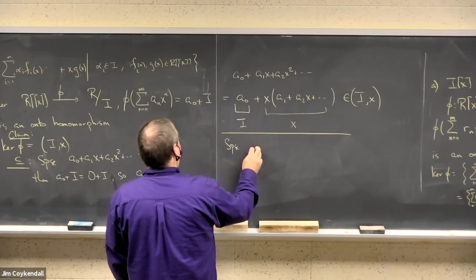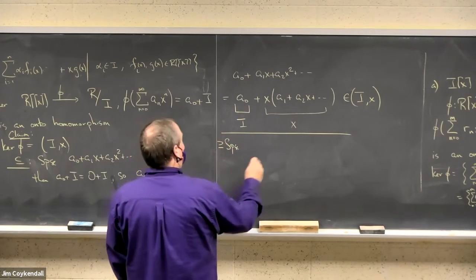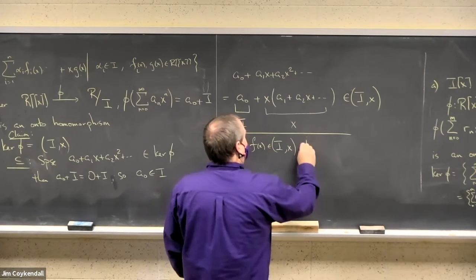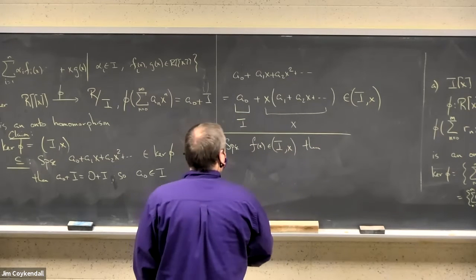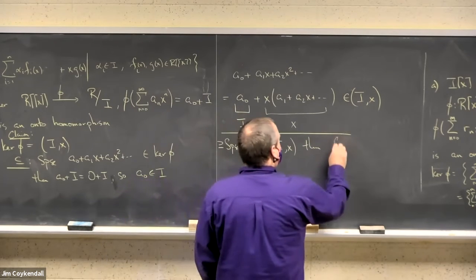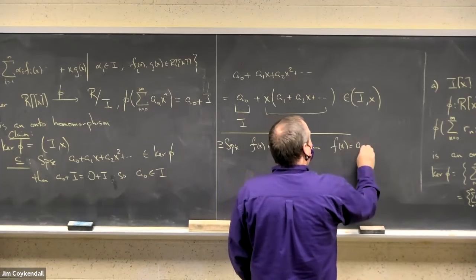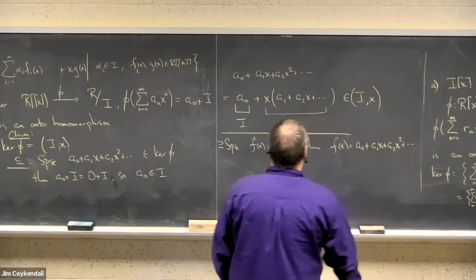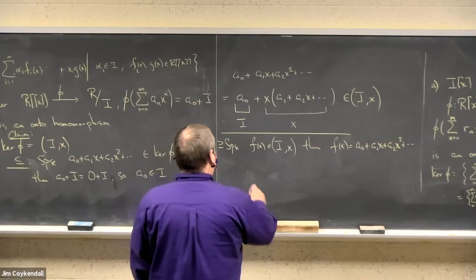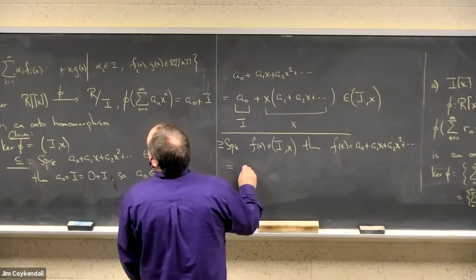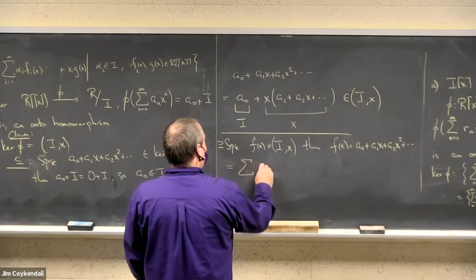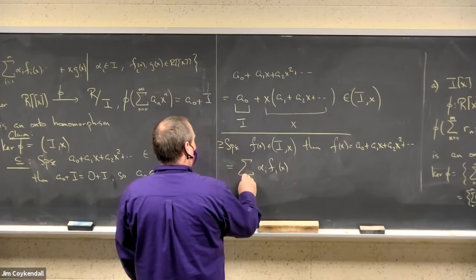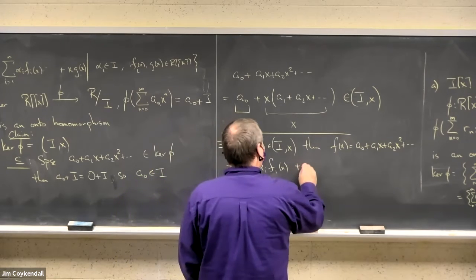This way, suppose that f of x is in I comma x, and we write f of x equal to a0 plus a1x plus a2x squared, et cetera. Then we should be able to decompose this into the sum of alpha i f_i of x plus x g of x.